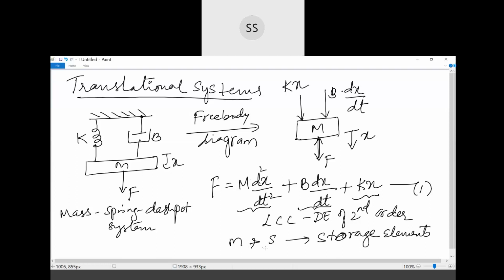And the frictional constant B is a dissipative element. In the form of heat, energy will be dissipated through the friction. If the friction is more, dissipation will be still more. Therefore in this basic system, mass and the spring represent the storage elements, and the friction B represents the dissipative element.